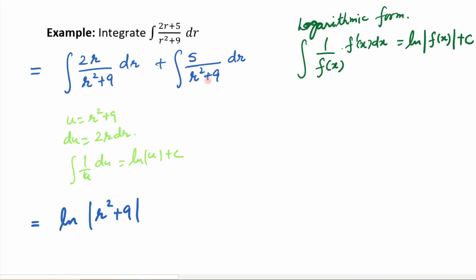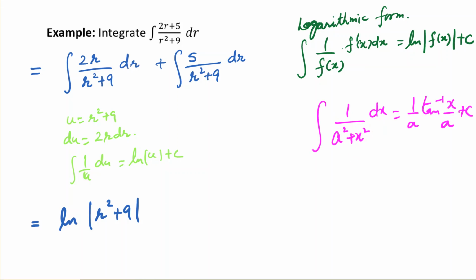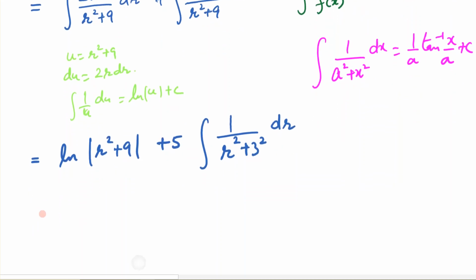For the second part, we notice that we have this form 1 over x square plus a square, or a square plus x square. And we know that this is for the tangent inverse function. So I'm just going to rewrite this as 5 times the integral of 1 over r square plus 3 square dr. In this case, our a is 3 and our x is r, because our variable is r.